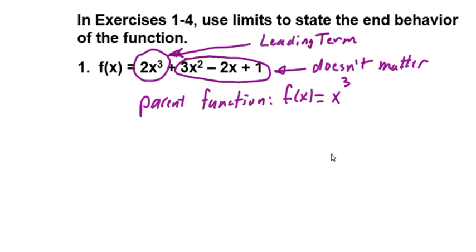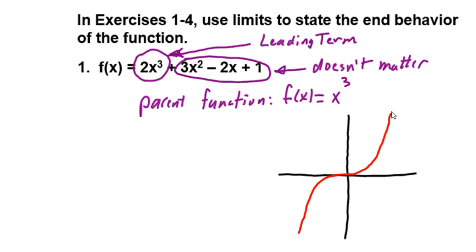If we have the right conceptual drawing of what this x cubed function does, then we have an understanding of what our end behavior is going to be. If you graph the x cubed function, depending on your scale, it will look something like this. We'll start low and end high.